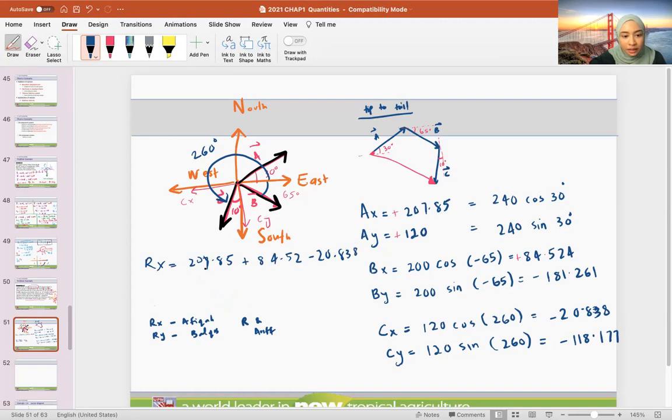So 84 kan? Tadi awak sebut 84 kan? Oh yes, 84. Okay. Lepas tu Rx jawapan? 271.53. Okay, thank you Afika. Next is Balkis. And then Arif.